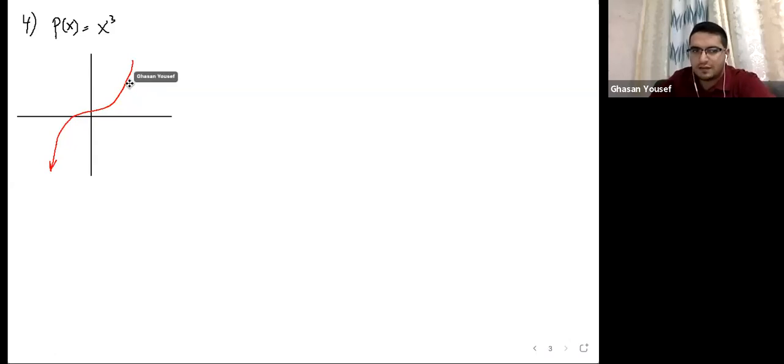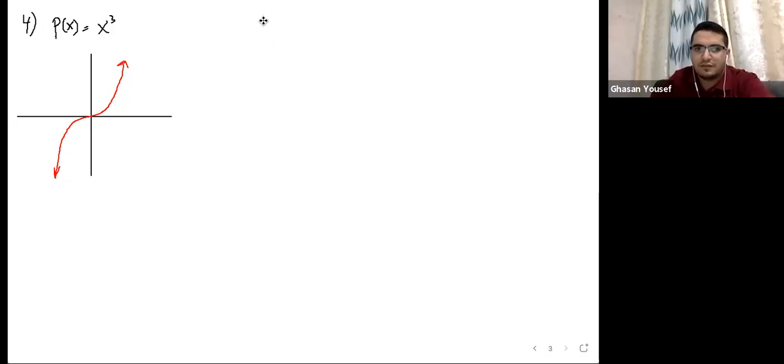So it's greater, close to the 0, it will be closer to the 0. So this is b of x equal x to the power 3. It's open about 0 like this.